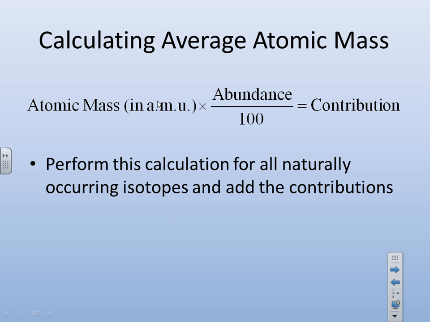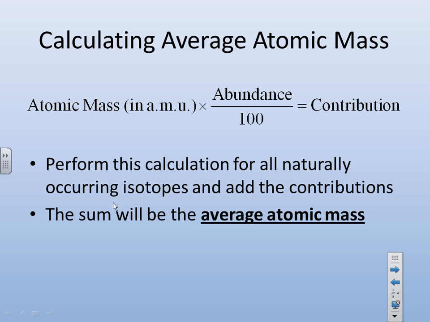We do this calculation for all of the isotopes that exist for that element, and when we add them all together, the sum of all those contributions gives us the average atomic mass.